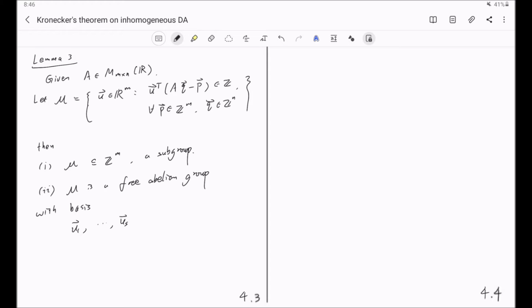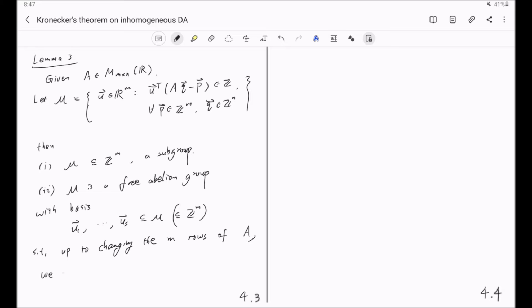I should emphasize that they are in M, and M is a subset of Z^m, such that, up to changing the m rows of A. Remember, A is an m by n matrix, so A has m rows.